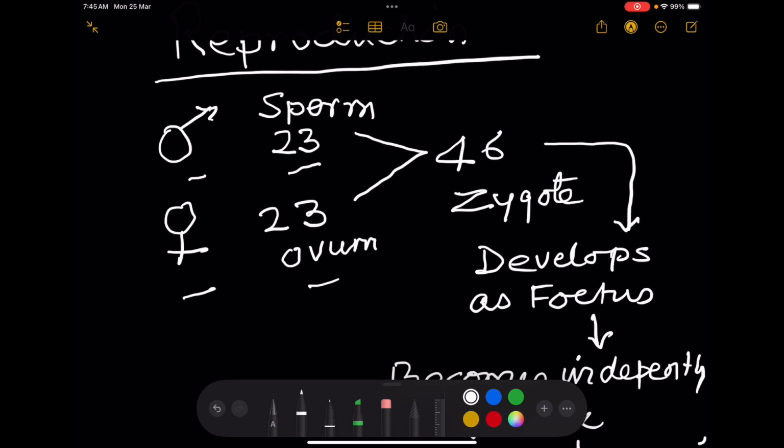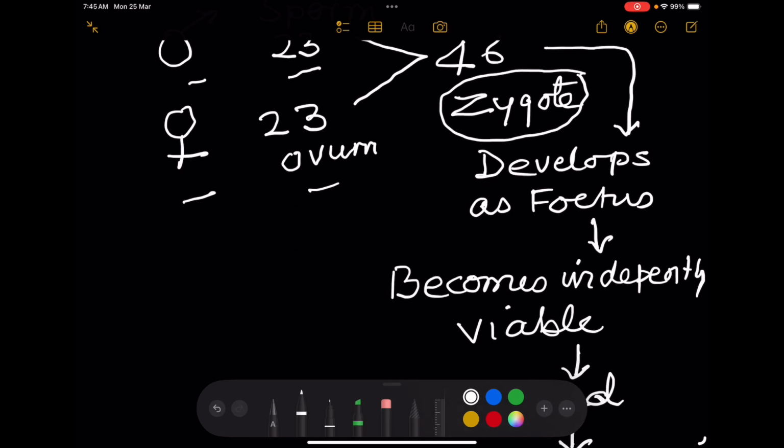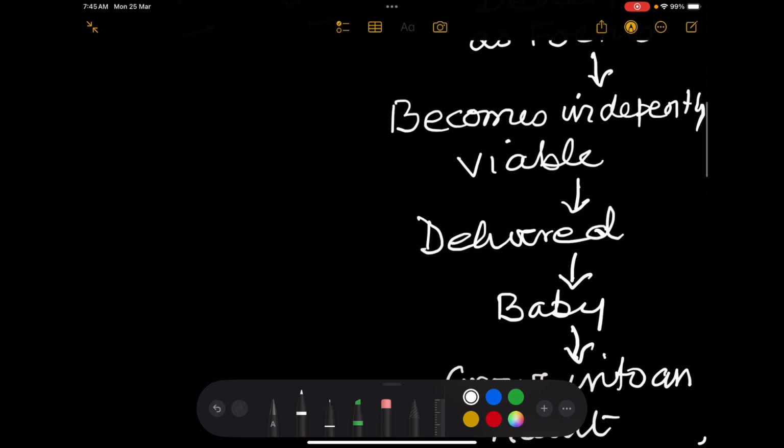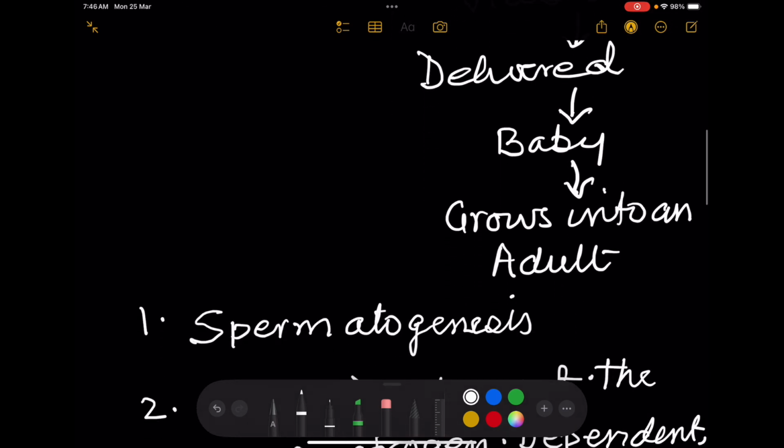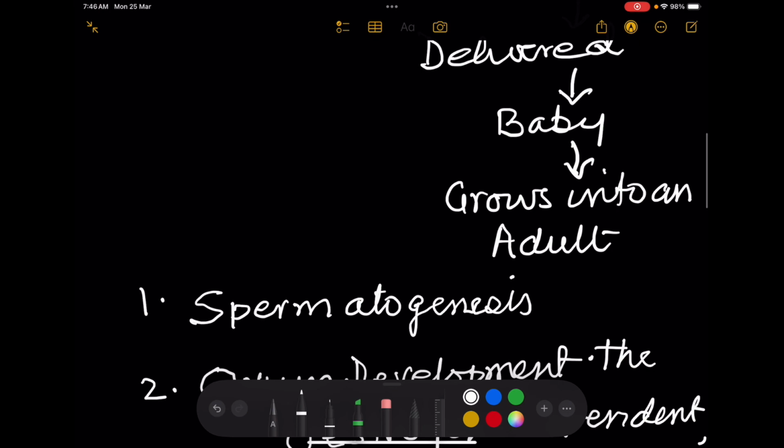And they become 46, which becomes the zygote, and this develops as a fetus after it's implanted into the uterus. Then it becomes independently viable, is delivered during labor, normal labor, and this baby then grows into a full-fledged independent adult.